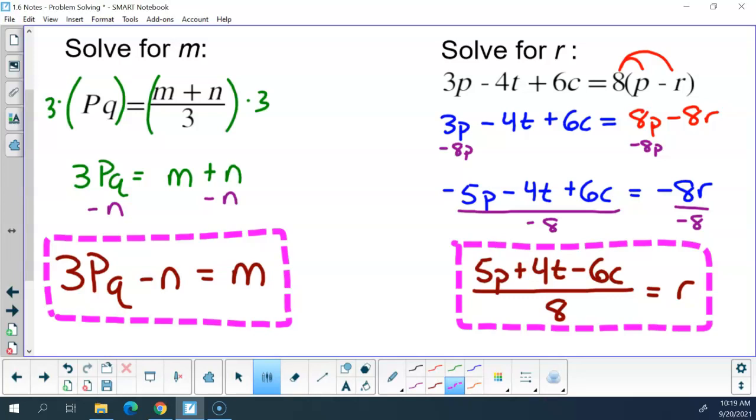Because you just divide every term by 8. That's okay, but again, this is cleaner. That's why it's 5/8 P plus 1/2 T, because 4/8 reduces to 1/2. But how can you divide it if it has a T on the top? Because you're just dividing the number.